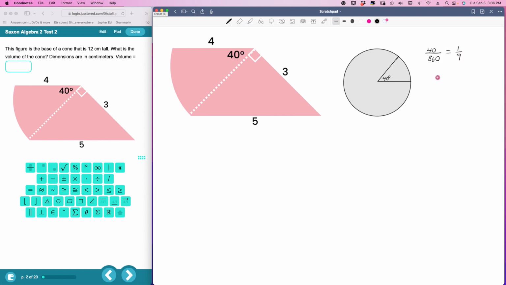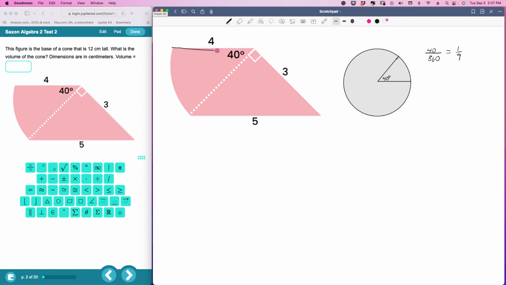You always want to reduce it if you can because it makes your math easier. So we know that this sector is going to be 1/9 of the whole circle. That's what we're going to use to find the area of this part.